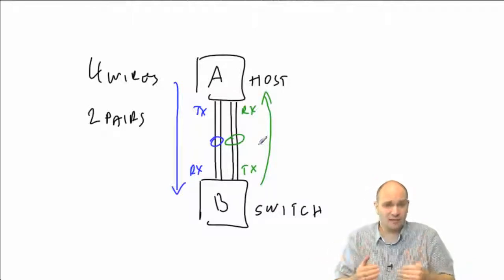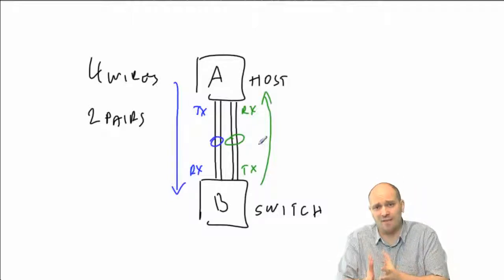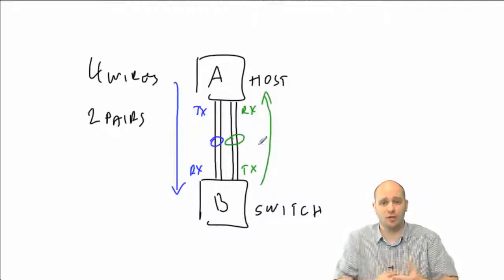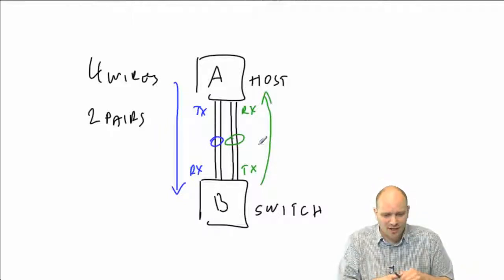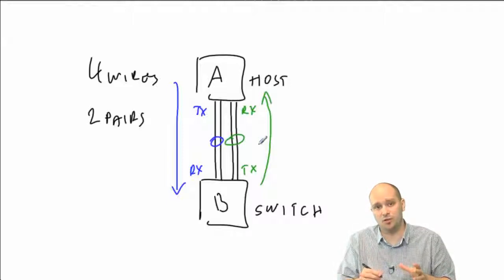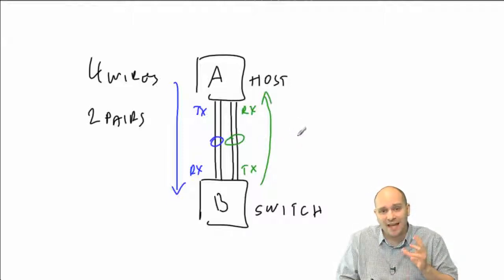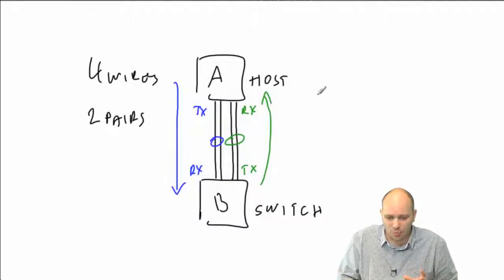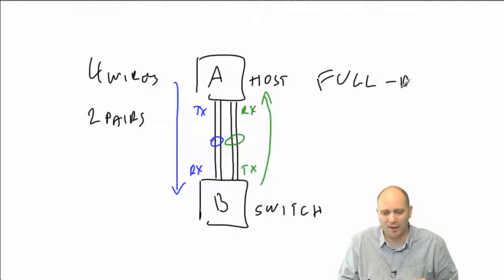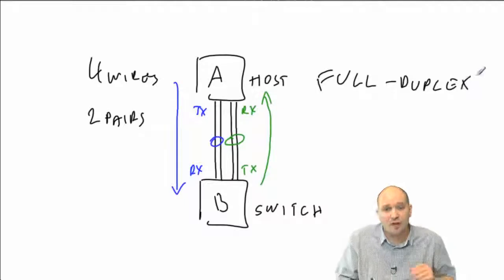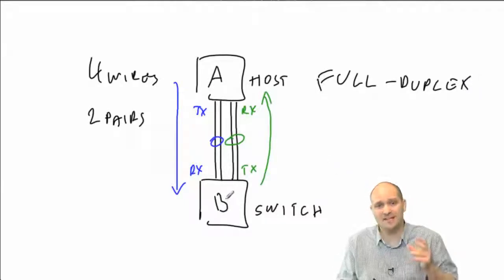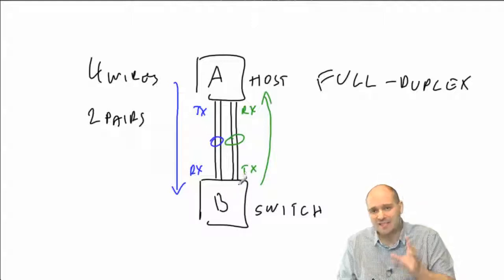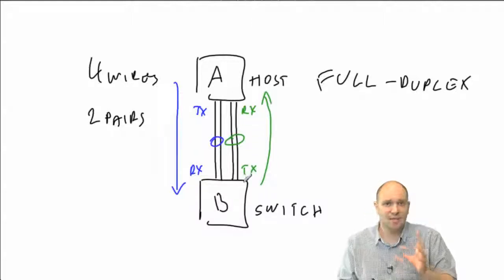And this was recognized relatively early in the standardization phase of Ethernet, when the designers of Ethernet were designing fast Ethernet, and they recognized that this particular solution is one that can be used to our advantage to implement a full duplex communication. Full duplex communication means that both A and B can speak at the same time without fear of any collisions. And this is something that fast Ethernet tries to negotiate.